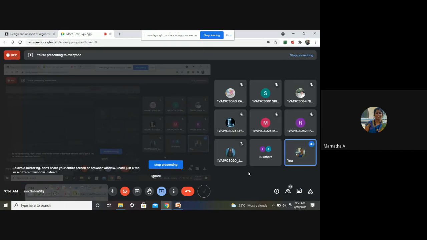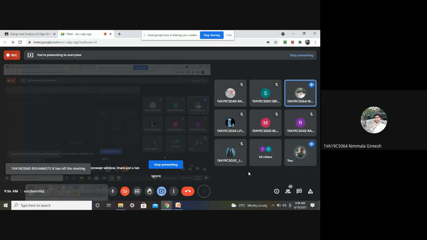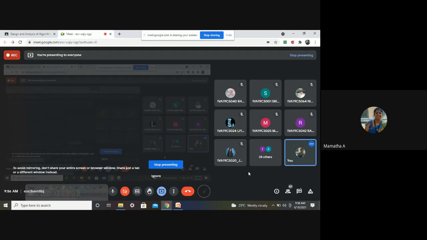So what is the time complexity in the best case? N log n, log base 2. When does this best case occur?